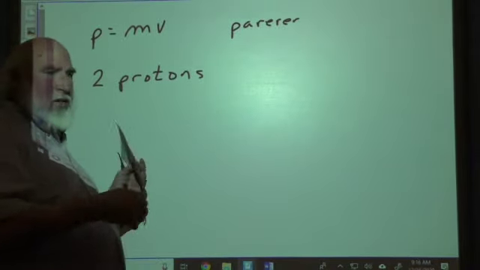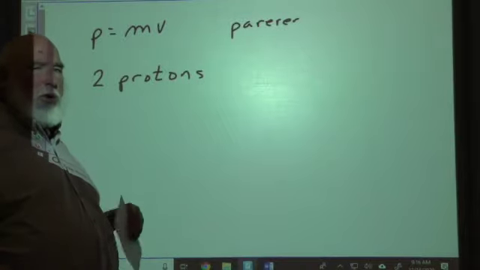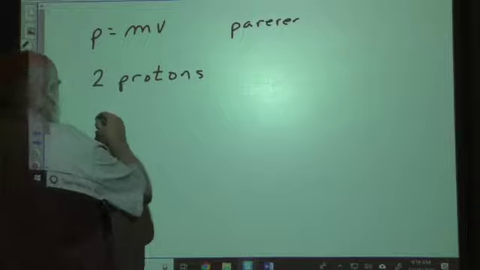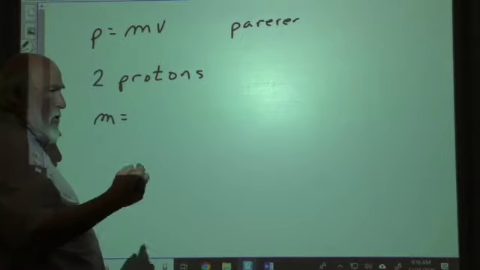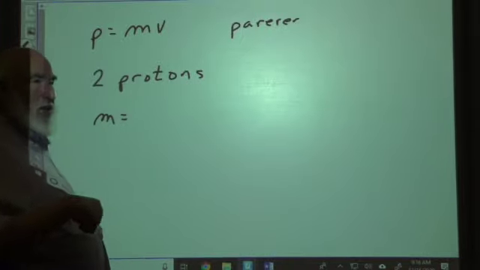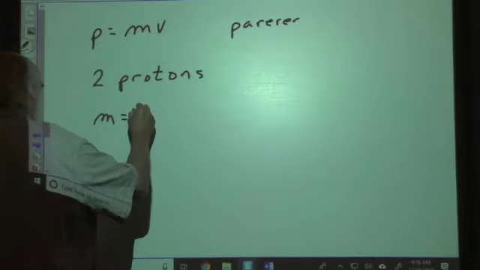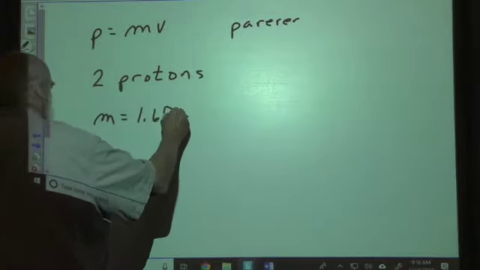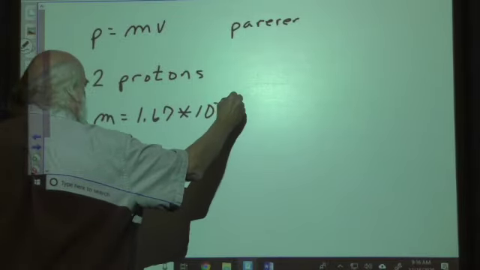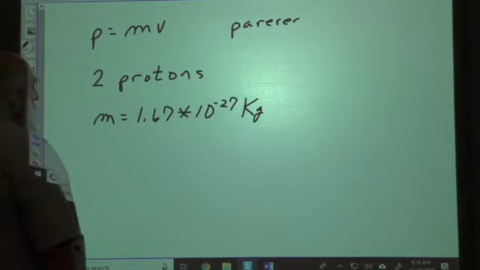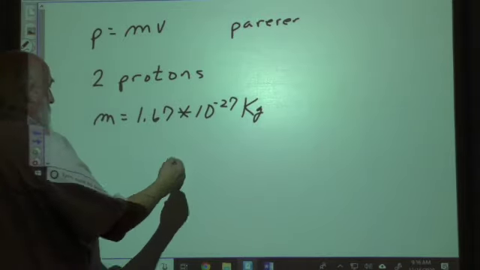Not which one is going to carry where, but what is the total momentum? We know that the mass of a proton, this is in your front jacket of the book somewhere, or inside flap, I believe, is 1.67 times 10 to the negative 27 kilograms. And that is true for both.